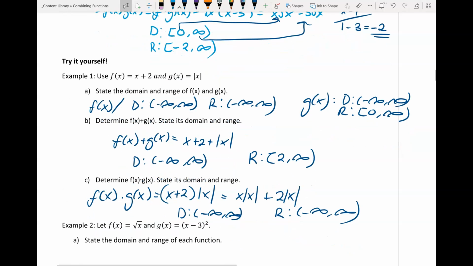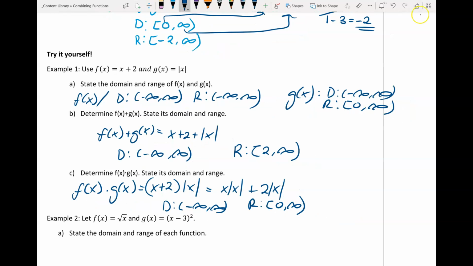Then for part B, we want to find f of x plus g of x, which is going to be x plus 2 plus the absolute value of x. We can insert any x value for that, so your domain is -infinity to +infinity. For your range, it's going to be from 2 to infinity.